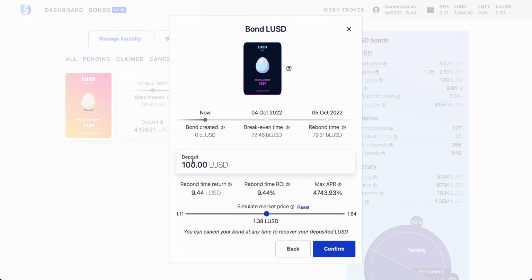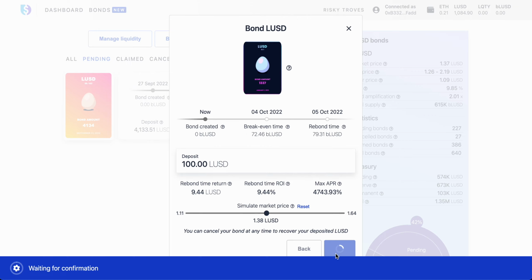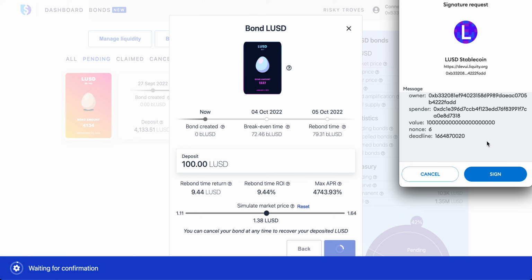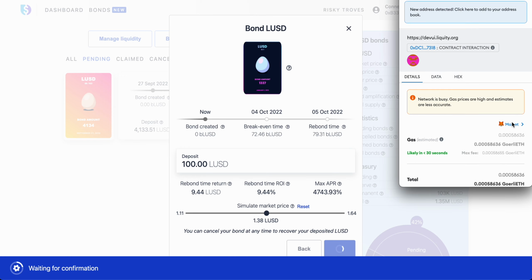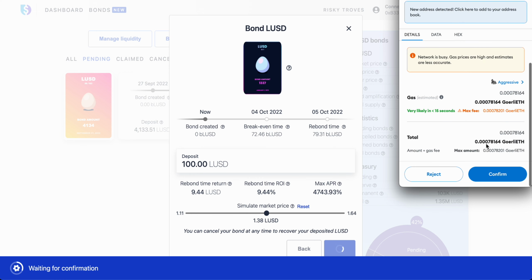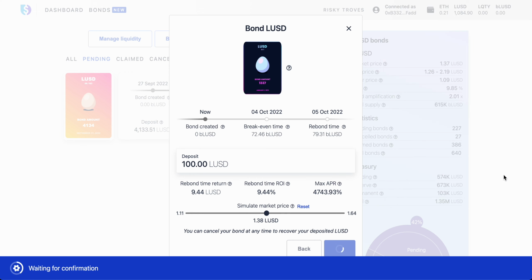This will create a chicken bond with the value of 100 LUSD. So let's sign and confirm. Hopefully it will be rather quick. So we are now on the pending bonds, and I have just one pending bond, and we will see now a second one with 100 LUSD.